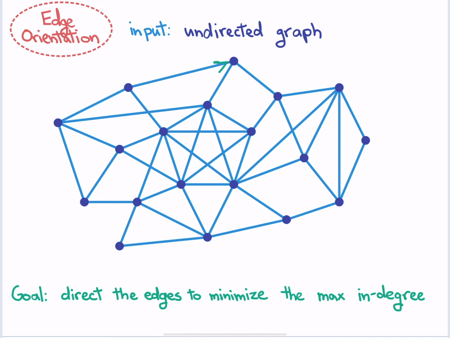Maybe I'll direct that edge this way, and this edge that way, and so on. I'm going to point every edge, and my goal is to direct the edges to minimize the maximum in-degree.